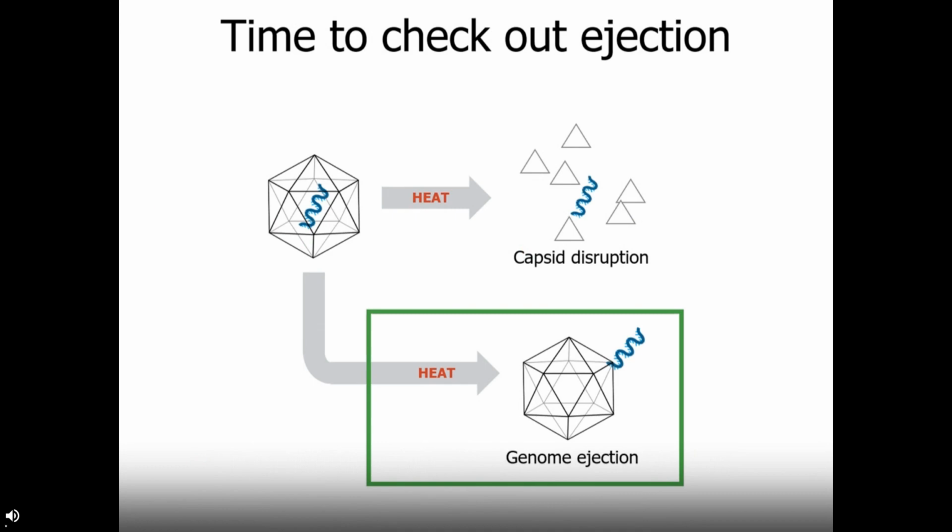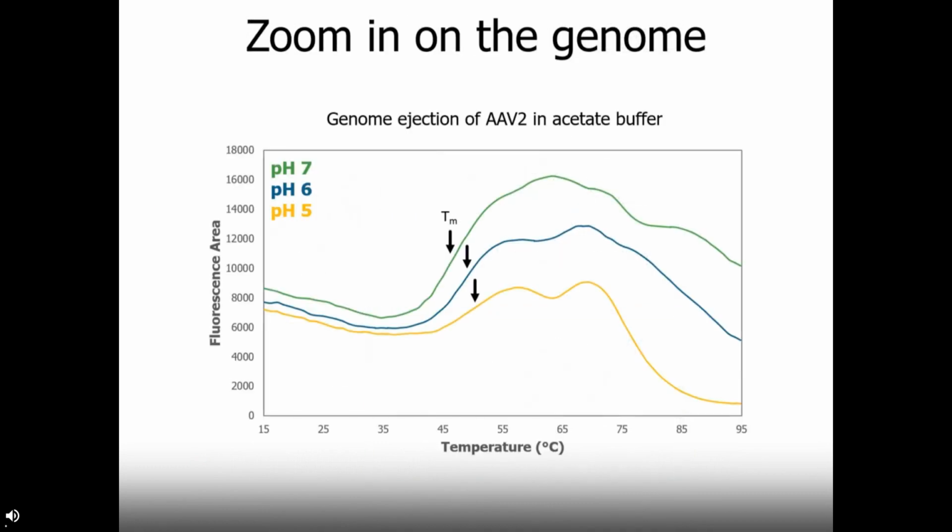Okay, let's shift gears and look at the other half of the equation, genome ejection. Here we're just looking at AAV2 and seeing the impact of different acetate buffers at 3 different pHs. And you can see at more acidic pHs that we now have genome ejection behavior that is more stable, so that's occurring at higher temperatures in those more acidic pHs.